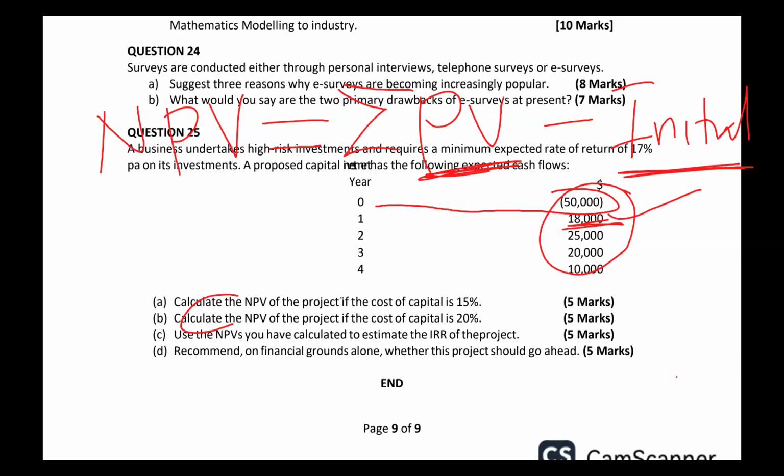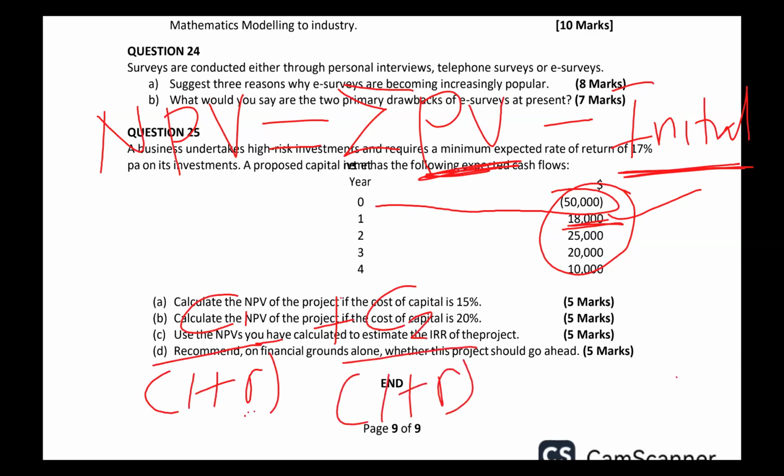For example, cash flow number 1 in year 1, you have to discount it, bring it to the present, 1 plus R. The discount rate is given in the question, or the cost of capital, if you may like. Discount it at the cost of capital plus cash flow 2, which is in the future, right? Discount it. To discount is just to say 1 plus R to the power n, right?